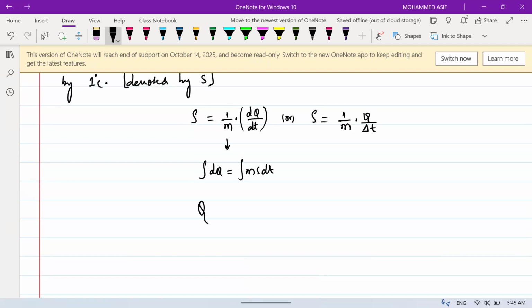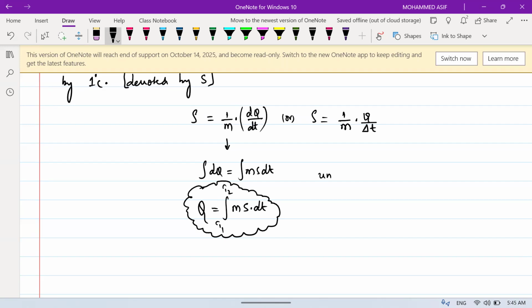Integral of dQ is Q. That is equals to integral of m into S into dT. Lower limit is T1 and upper limit is T2. So Q can be given by the formula: if mass is variable with respect to temperature, then Q is equals to integral of M into S into delta T.